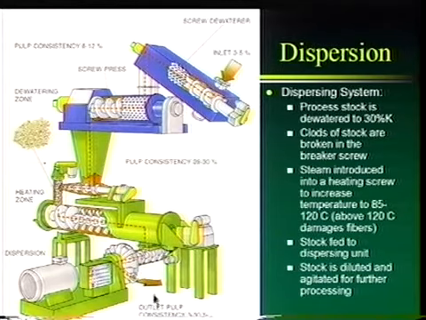And so our outlet pulp's going to be 30%. This is a typo down here. I don't even think you can see it, but the outlet consistency is about 30%. The pulp may be diluted and agitated for further processing, so that's going to be a next step.